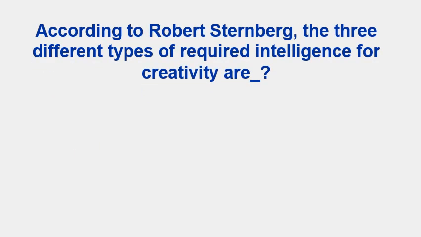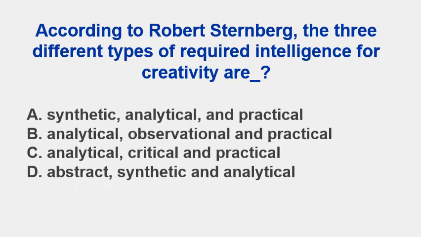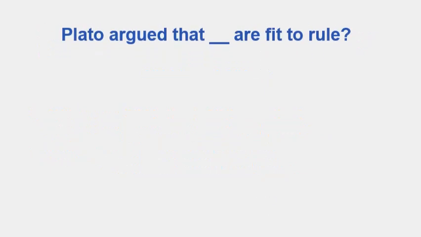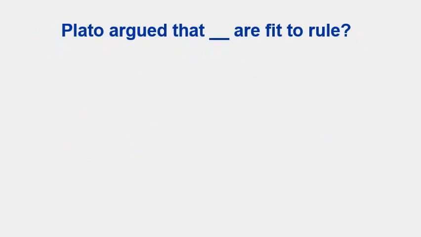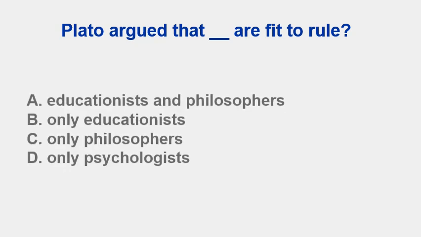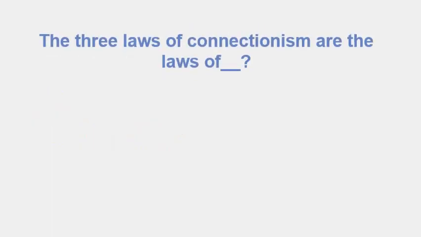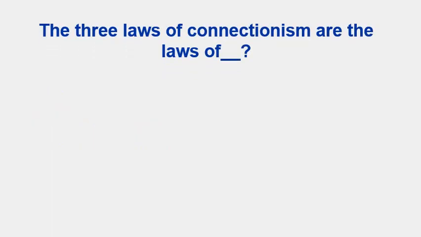According to Robert Sternberg, the three different types of required intelligence for creativity are. Plato argued that dash are fit to rule. The three laws of connectionism are the laws of.